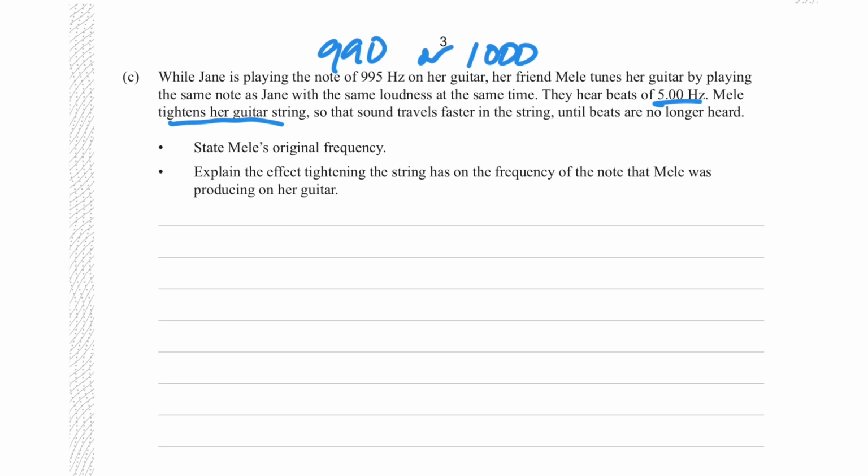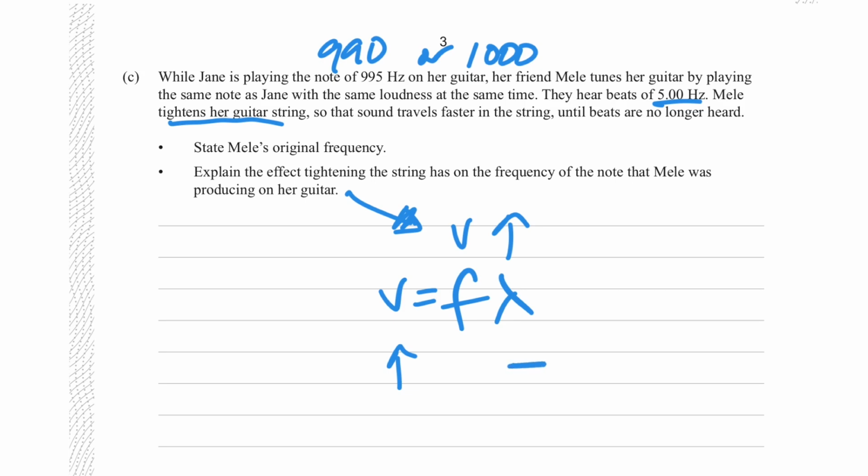State Mele's original frequency. Explain the effect tightening the string has on the frequency of the note that Mele was producing on her guitar. Okay, so I'm going to do it this way. Start with this. So when you tighten the string, the velocity increases. And then from v equals f lambda, if you increase the velocity for the same wavelength, remember the length of the string can't change, that means the frequency has to increase.